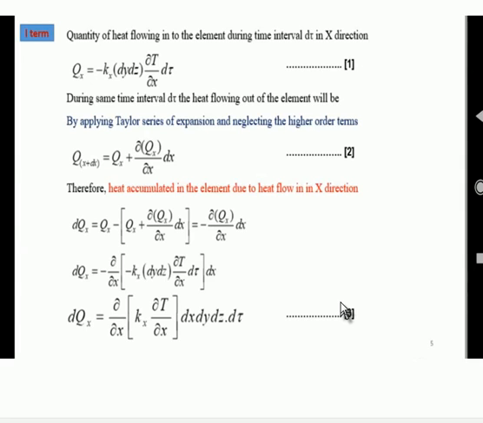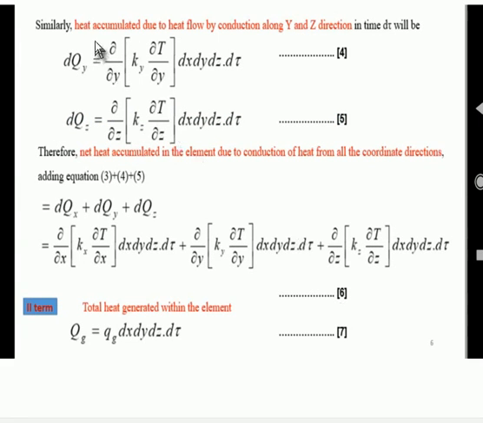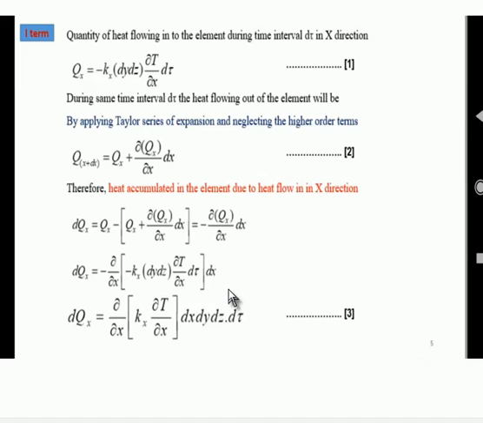So similarly, heat accumulated due to the heat flow by conduction along the y and z directions in time d tau will be, if you get this equation, just instead of this x, we have to replace it with y and z direction.